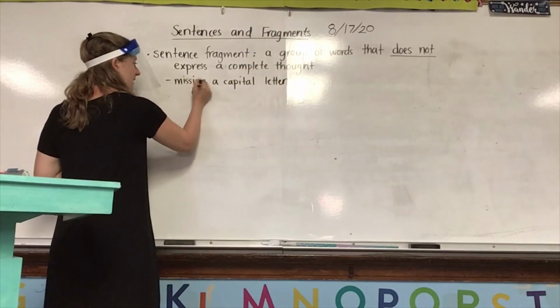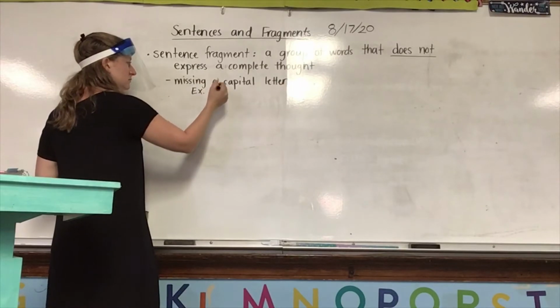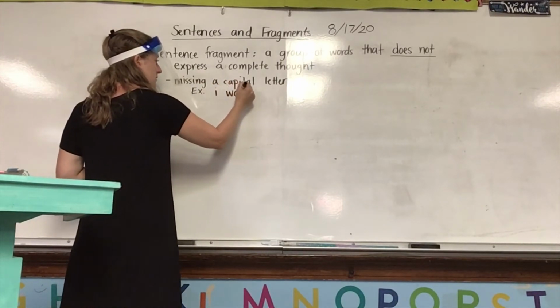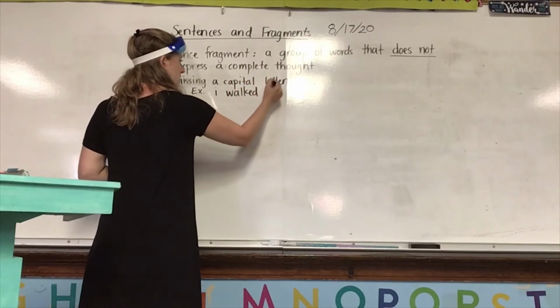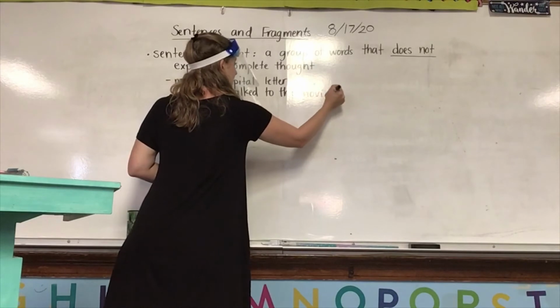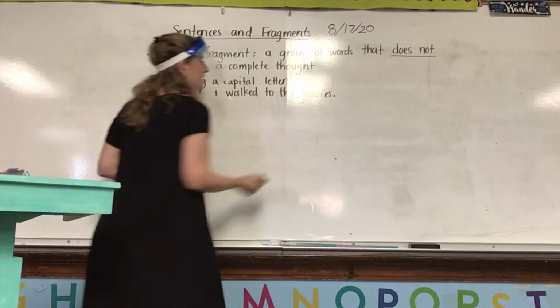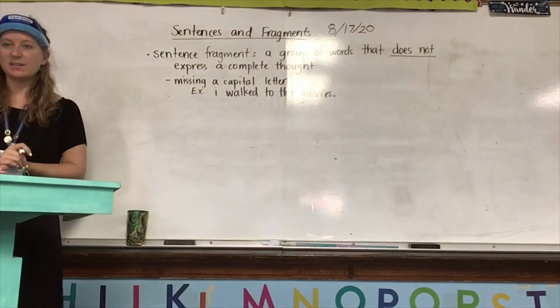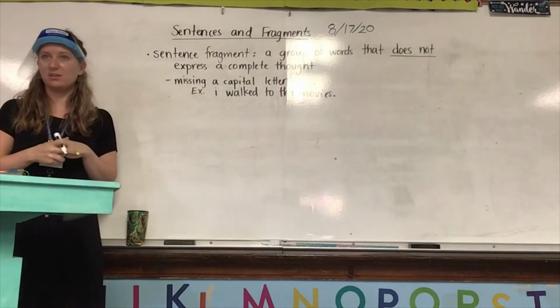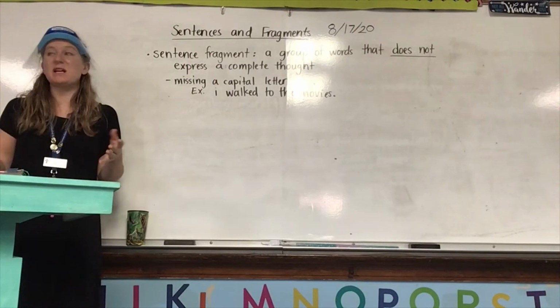For example, make sure you do write this: i walked to the movies, but the I is lowercase, so it could be missing a capital letter at the beginning. This expresses a complete thought, but it's missing that capital letter. So it is becoming a fragment.